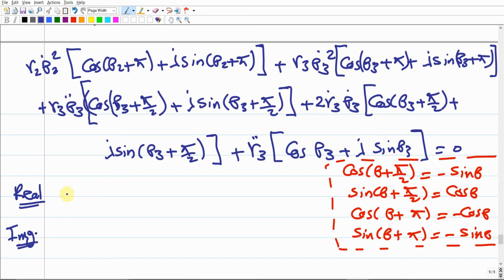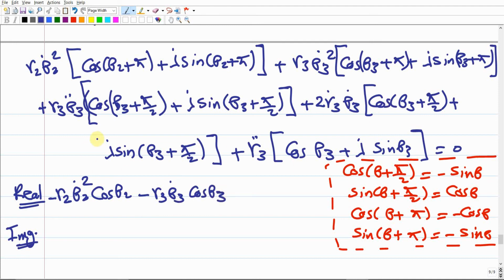let us collect the real part. So we're going to have here r2 theta 2 dot square. The cosine of theta plus pi gives us the negative cosine, the same theta, which is theta 2. Then we're going to skip the imaginary term. We do have here the r3 theta 3 dot square, and the cosine of theta plus pi gives us negative, so this should be negative r3 theta 3 dot square the cosine of theta 3.